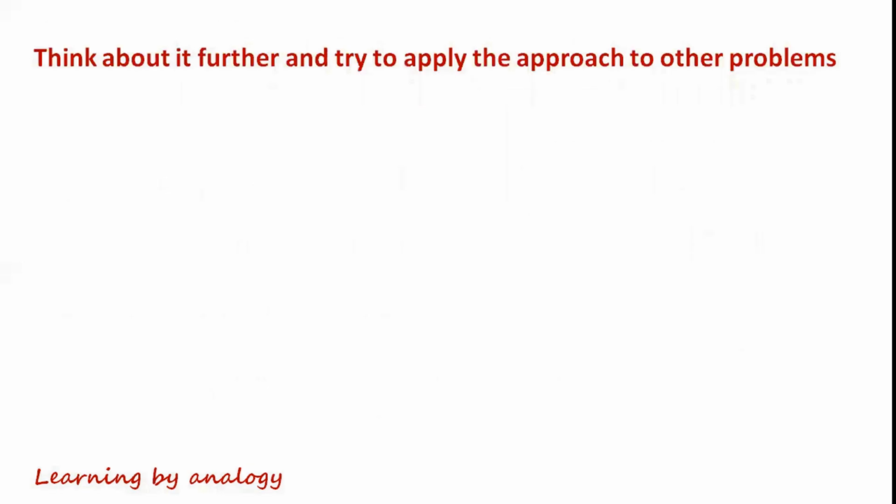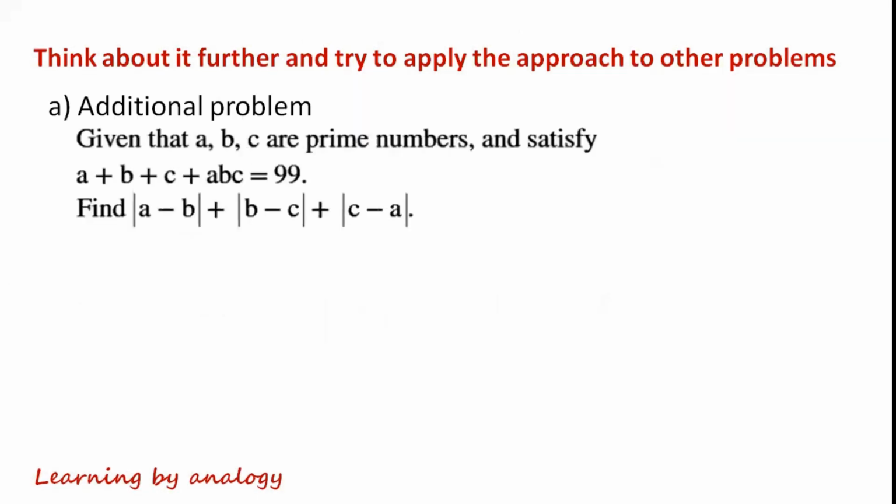Think about the thought process for the previous question further and try to apply the approach to other problems, such as this one. Given that A, B, C are prime numbers and satisfy A plus B plus C plus ABC equals 99.